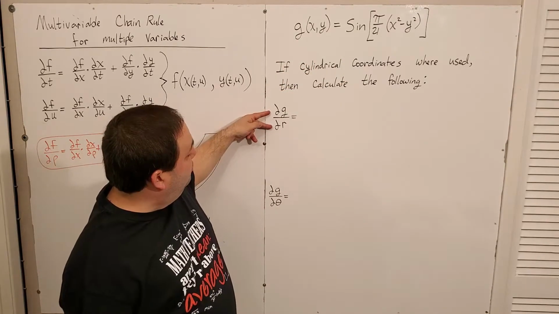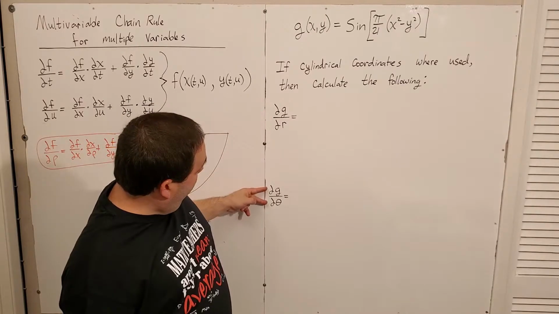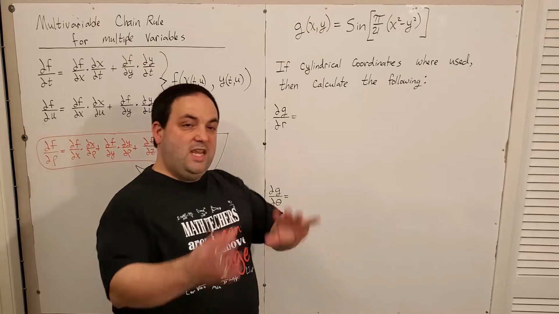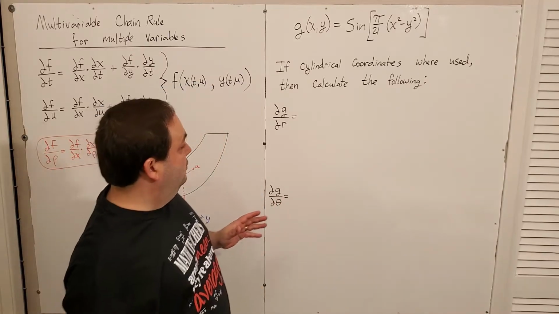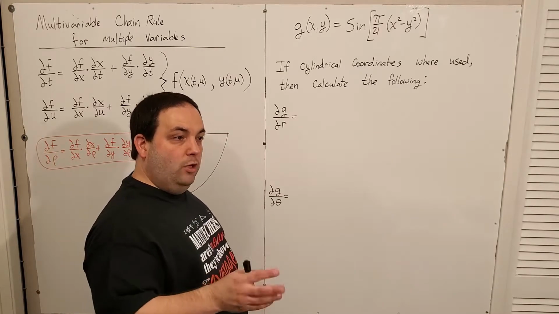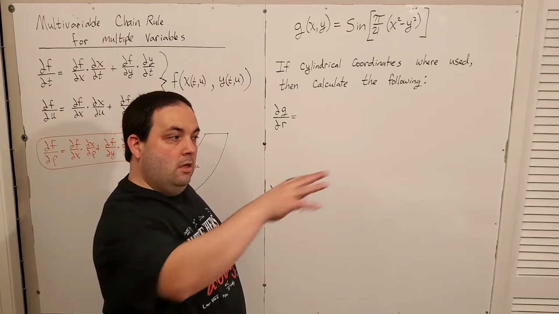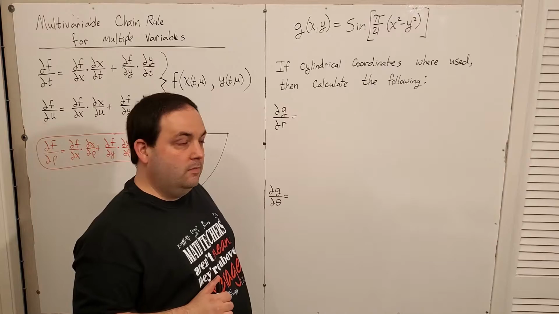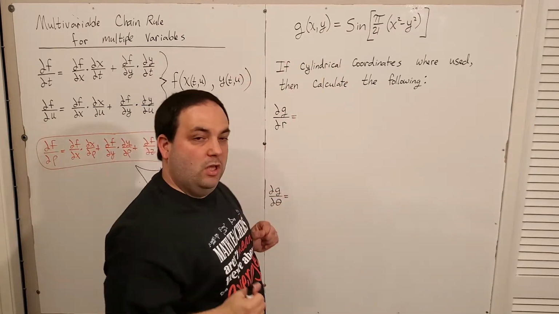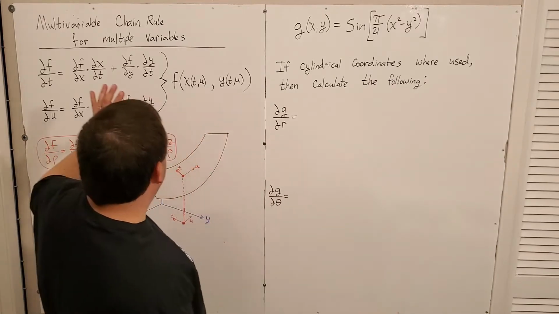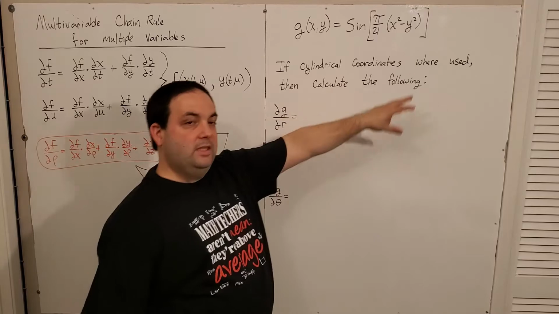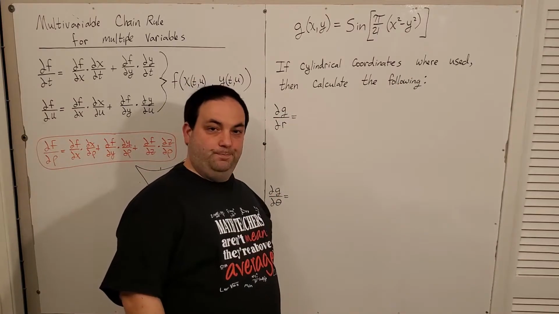find the partial of g with respect to r and the partial of g with respect to theta, okay? Because z is still z in cylindrical. So I'm not doing 3 to 3 here. I'm really just switching x and y into r and theta. But instead of doing a lot of substituting and a lot of derivatives all at once, I'm going to use the multivariate chain rule to calculate these in a more organized fashion.